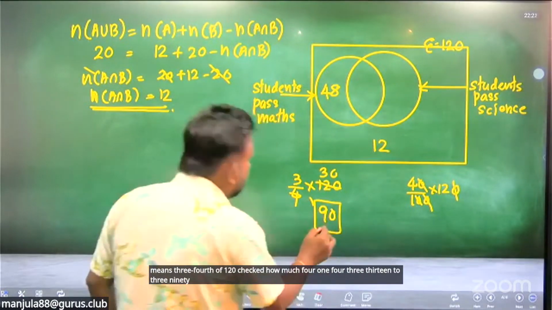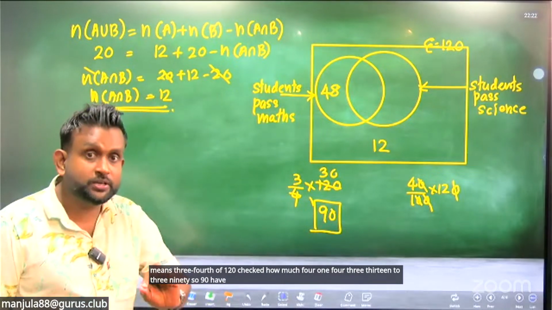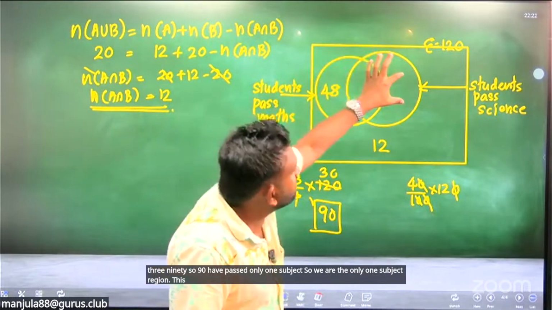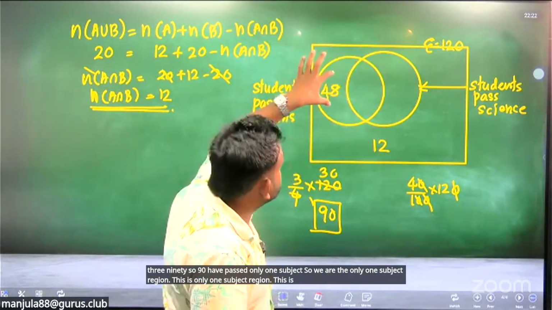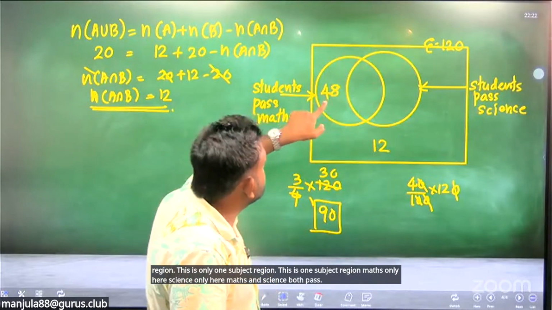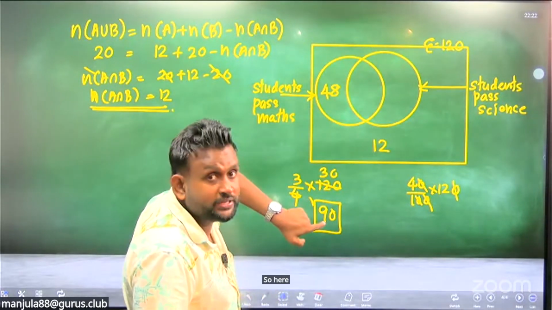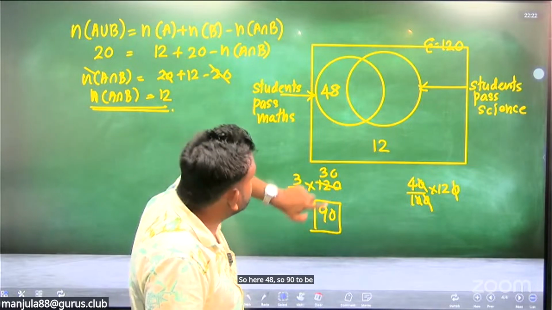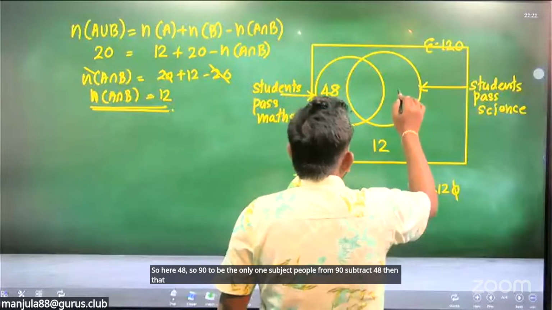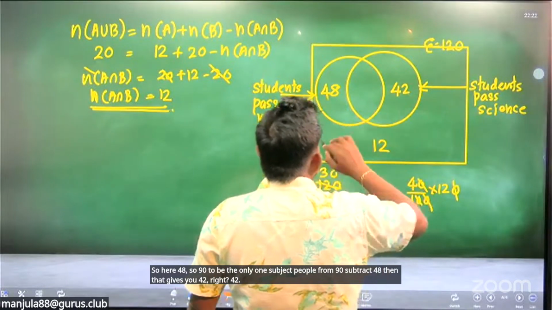So 90 passed only one subject. This is the only-one-subject region: maths only here, science only here, and here both maths and science passed. Here it is 48, so from 90 subtract 48, that gives you 42.